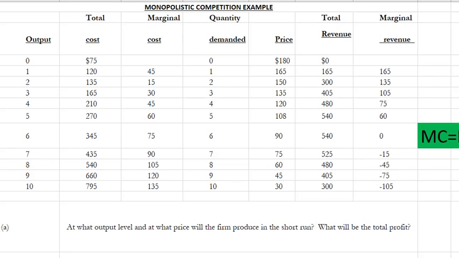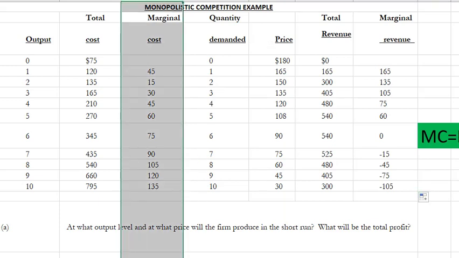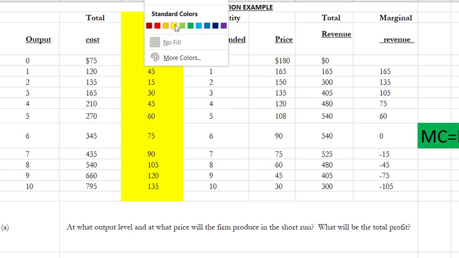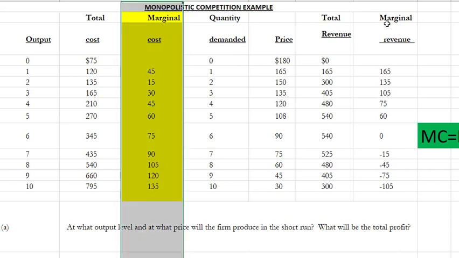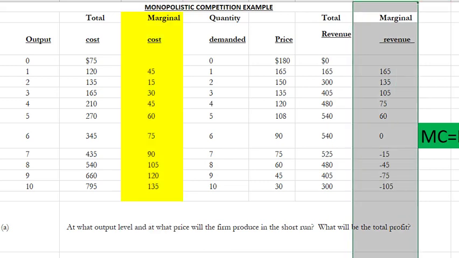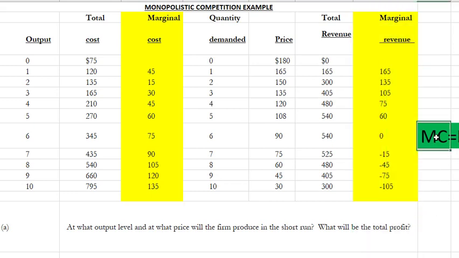Is this what you got? All right. Now we have the two columns that are important to us: marginal cost and marginal revenue. So we have these two columns, and we know profits are maximized.